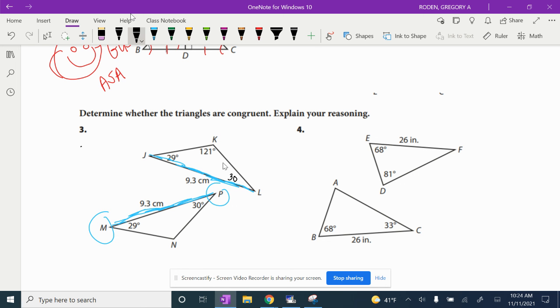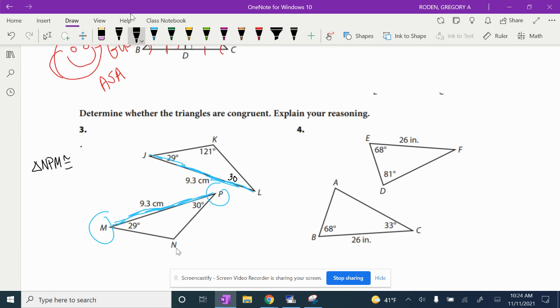We're going to go. So, mystery kid, can you tell me, are these two triangles congruent? Yes. Why are they congruent? Because ASA. They are congruent by ASA. So I can make a statement. So, mystery kid, what triangle? Let's start with the bottom triangle. Give me some letters. NPM. NPM is congruent to what? KJM.